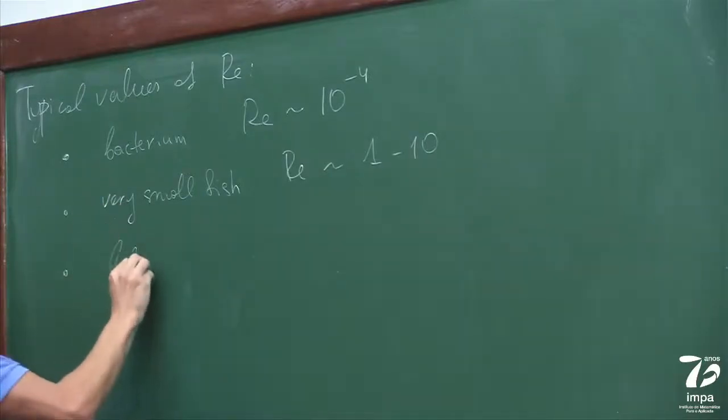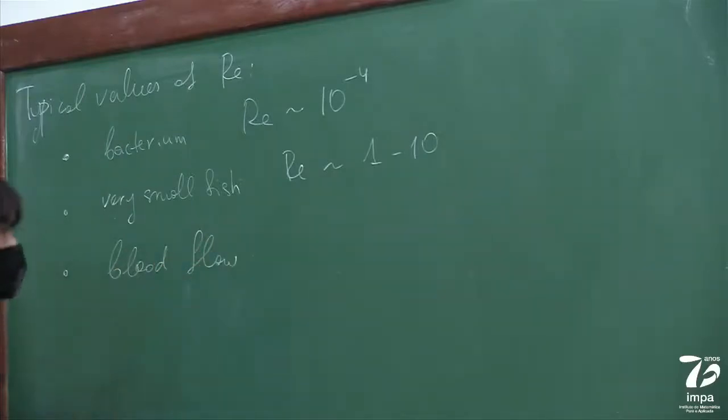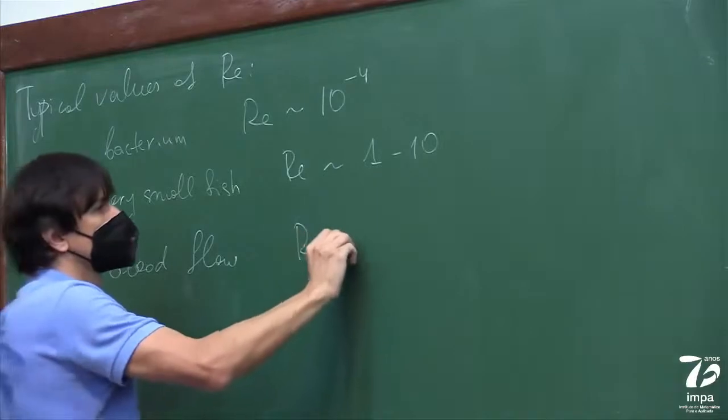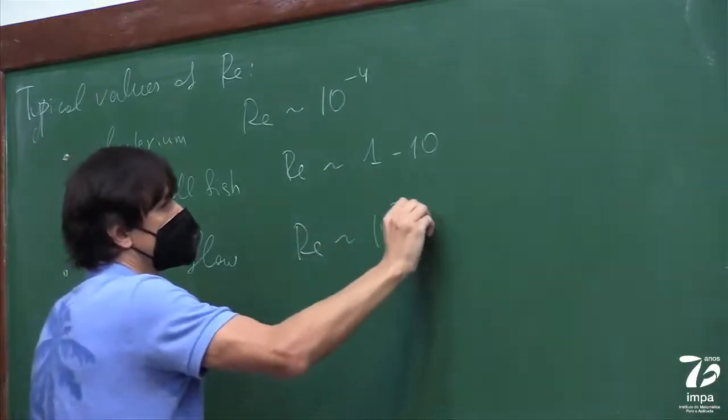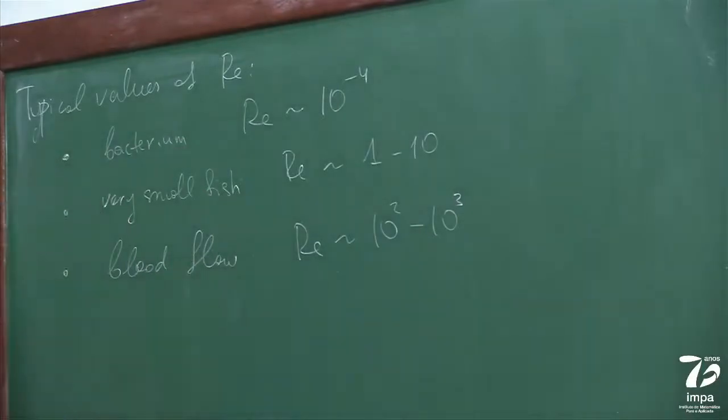Blood flow gives the next order, usually varying between 100 and 1,000.